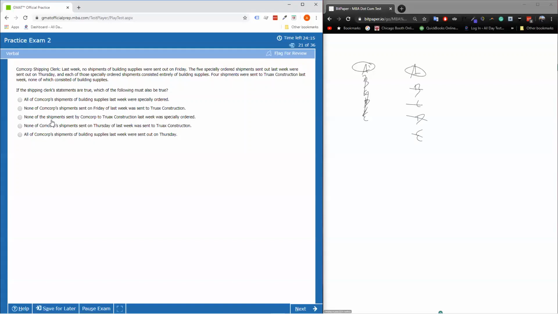The shipment sent by ComCorp was specially ordered. And those all contained building supplies. So I think C is the right answer. No, it doesn't have to be true. Let's see.